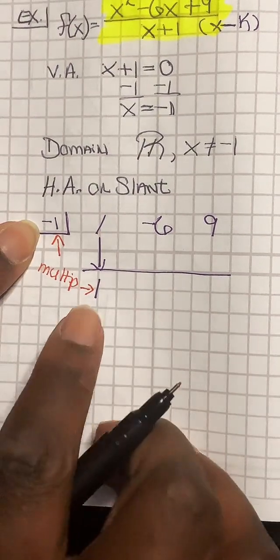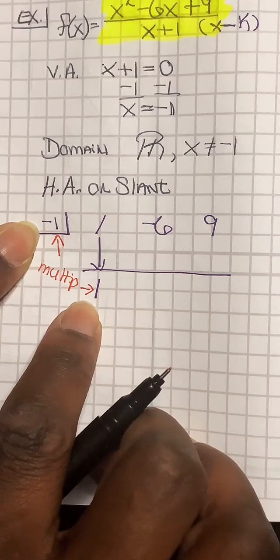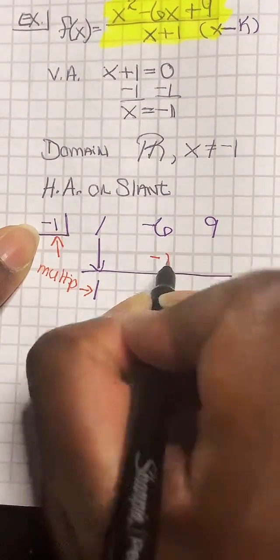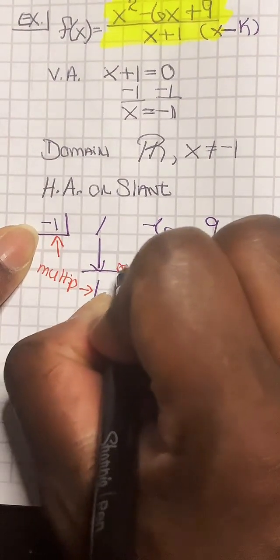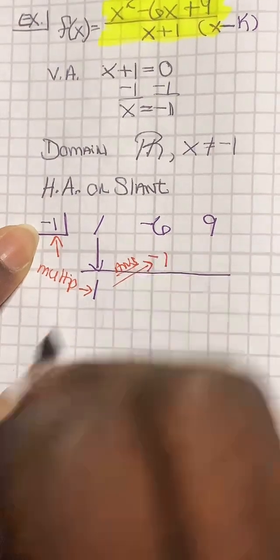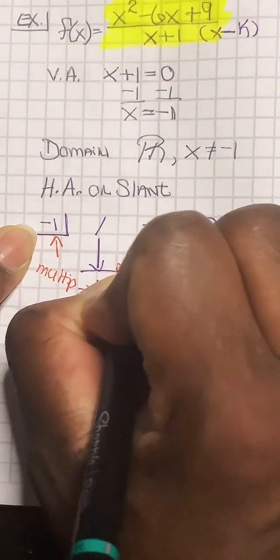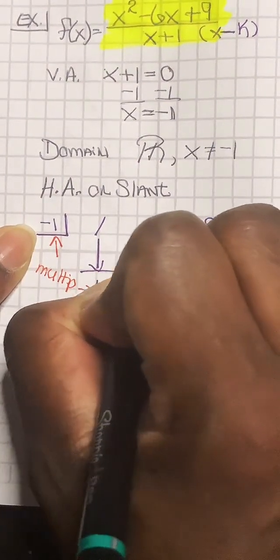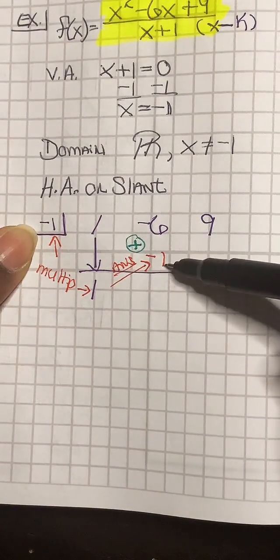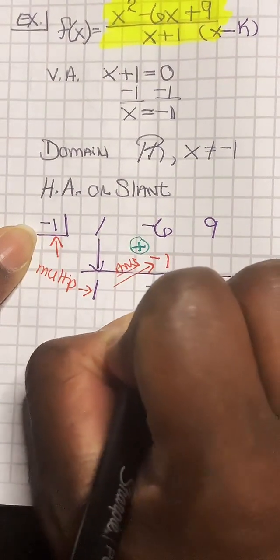So we have negative 1 times 1. Negative 1 times 1 gives me negative 1. I'm going to put my answer underneath the next one. What I do from here is I'm going to add these two together. So negative 6 plus a negative 1 gives me a negative 7.